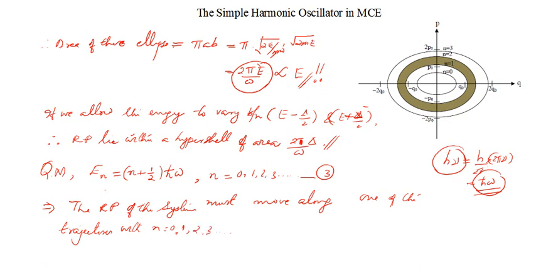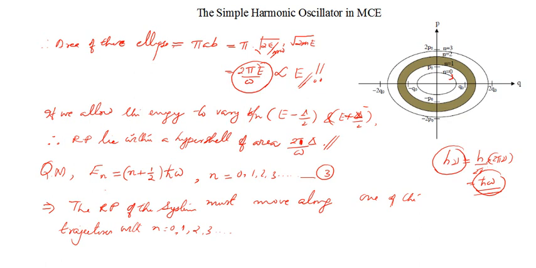It means that the trajectories of the representative points in the phase space also become quantized, and that is what is shown in the figure on the screen. The phase space trajectory in Q and P has been drawn for various n values. The innermost trajectory, which I am marking with a red arrow, corresponds to the minimum possible energy.